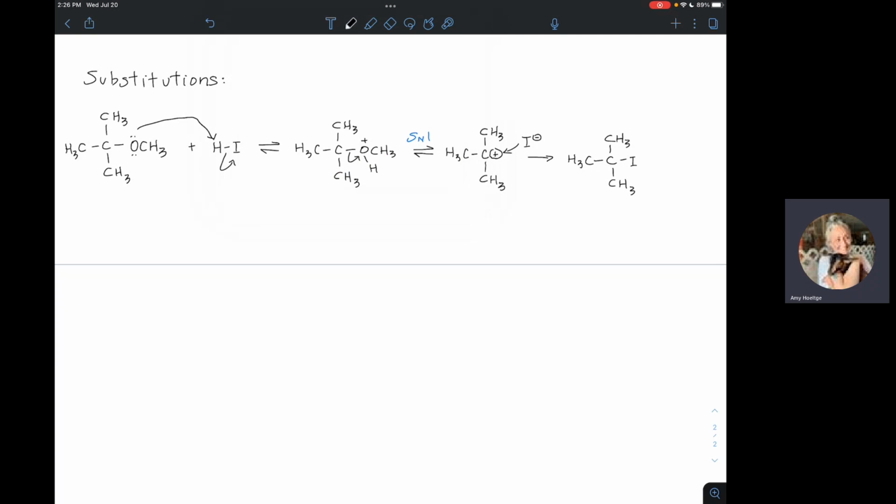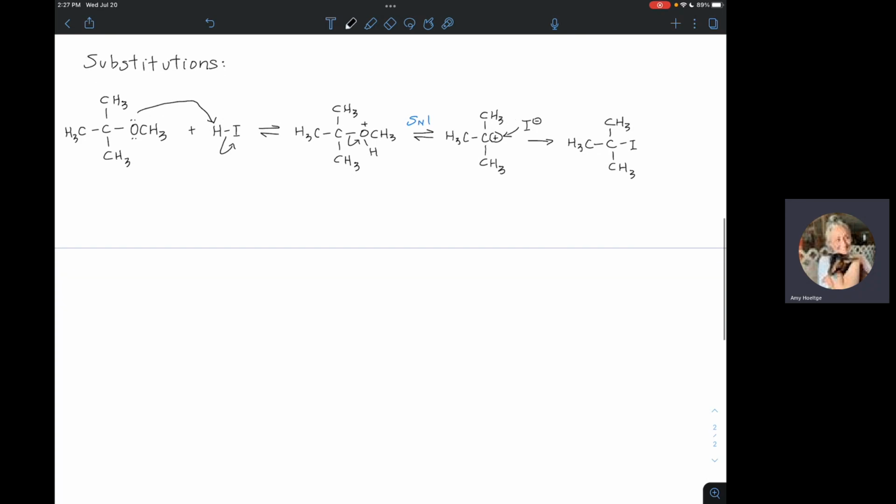If the departure of the alcohol is going to create an unstable carbocation, like a methyl carbocation, which is wildly reactive, or a primary carbocation, then the alcohol group's not going to just take off and create that unstable carbocation. It's going to have to be displaced by the halide ion, right? Your nucleophile. So in other words, an SN2 reaction would occur.